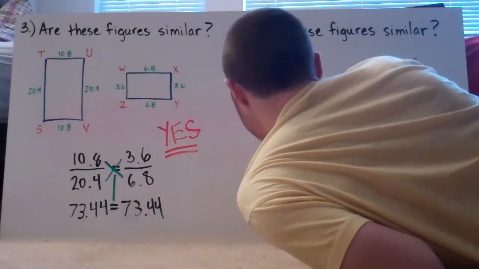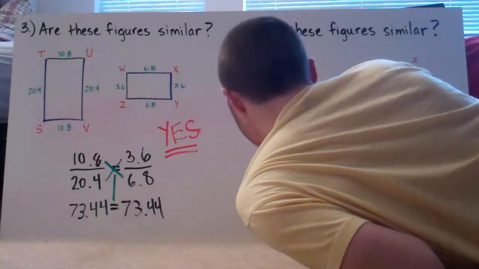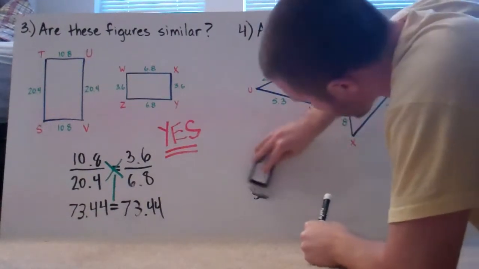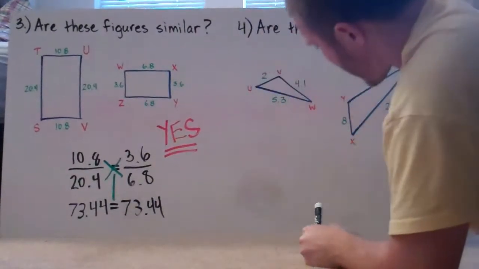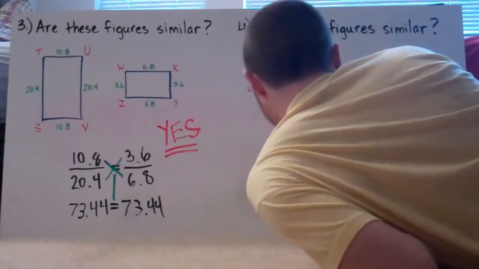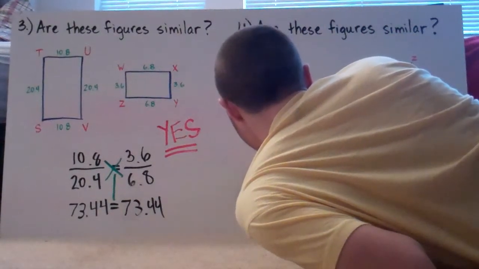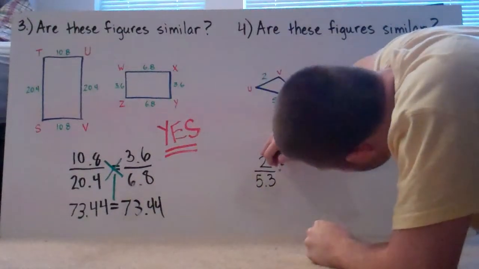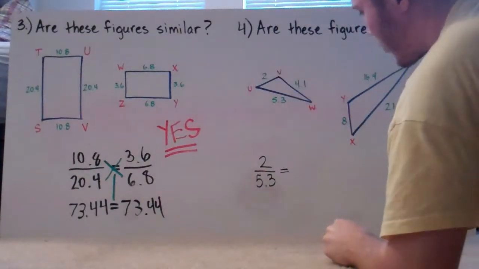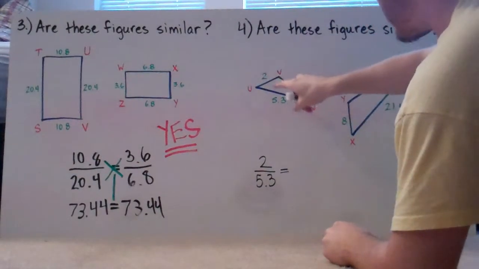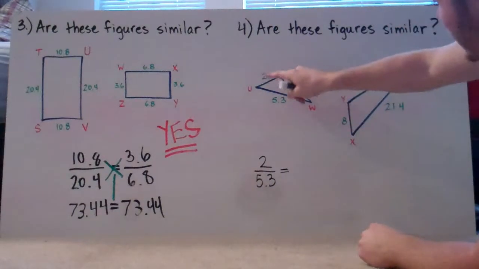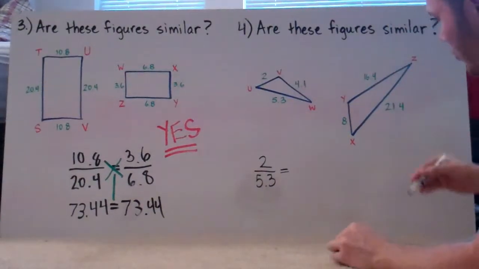We've got 2 over 5.3 equals 8 over 21.4.